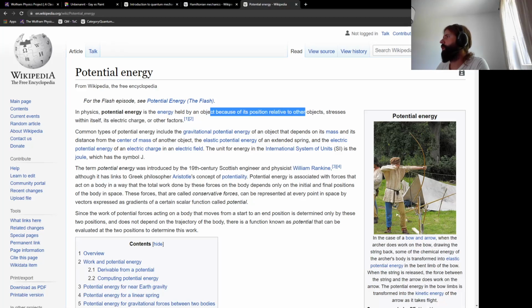Because it's position relative to other objects, stresses within itself, its electric charge or other factors. Okay, so that may be a bit more complicated, but I guess the stressing part, it is easy to relate intuitively to forces. Gravitational center of mass, elastic potential energy.